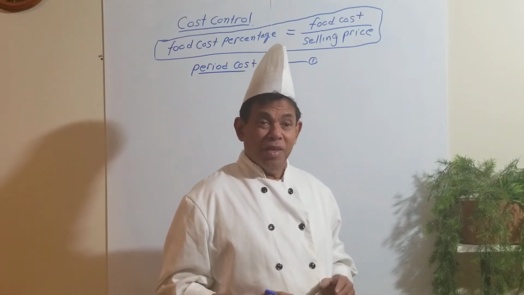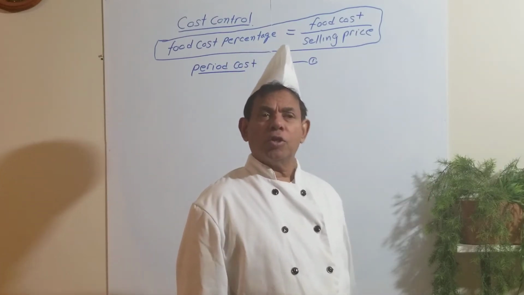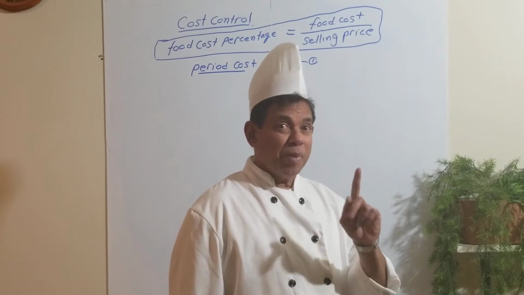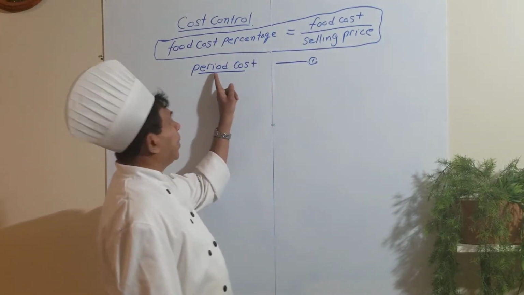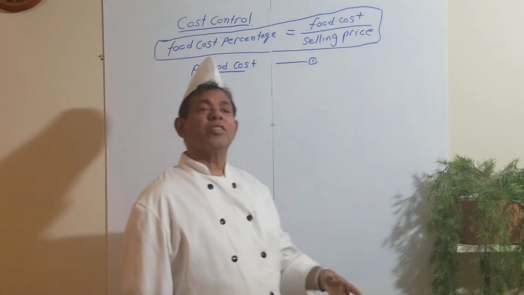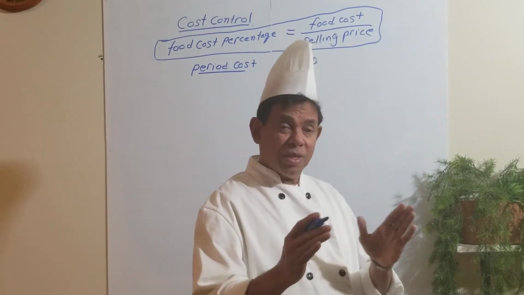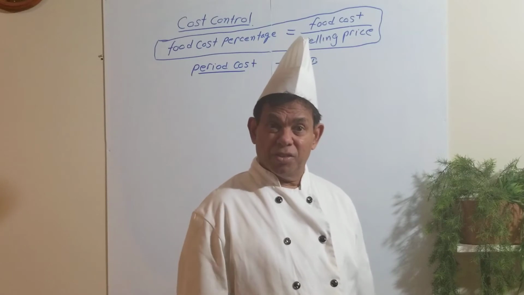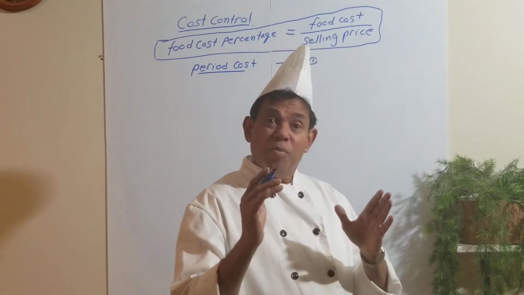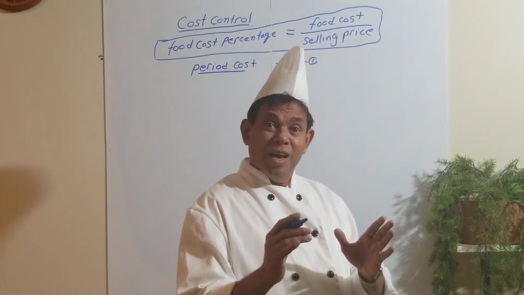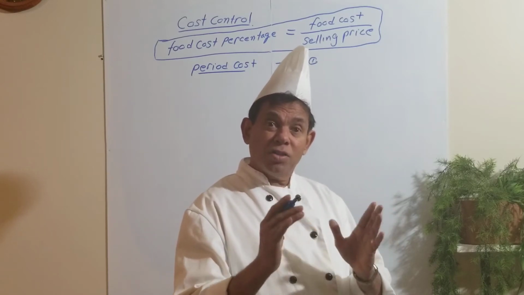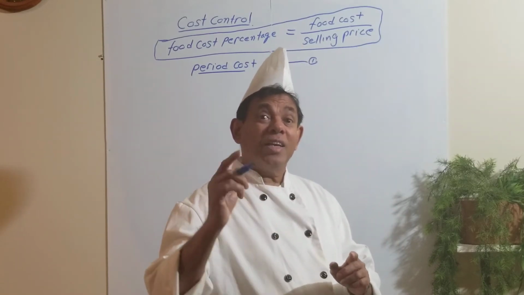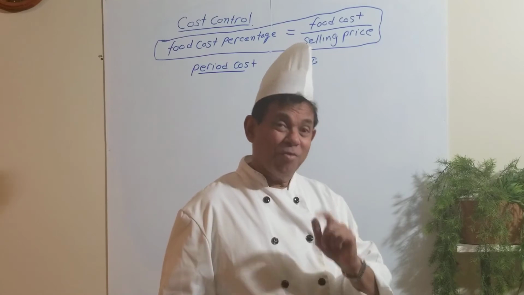Take it to your mind. If somebody asks what the food cost percentage of the kitchen is, he is asking about the period cost. I say 32% this month, a certain period. 32% for these 3 weeks. For that particular month, a period, I always use that constant figure for other calculations. You will see what that is.